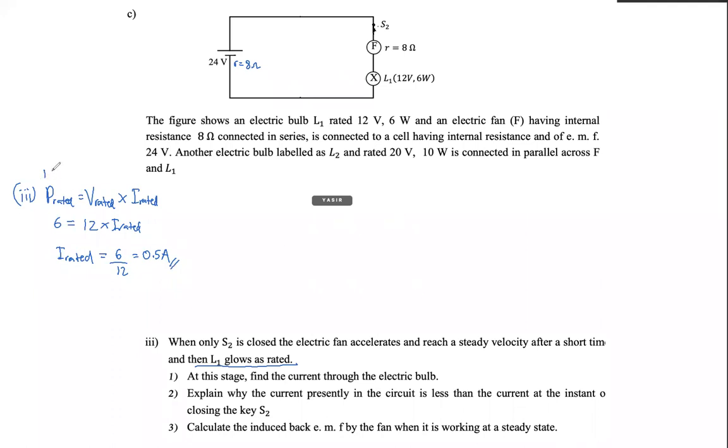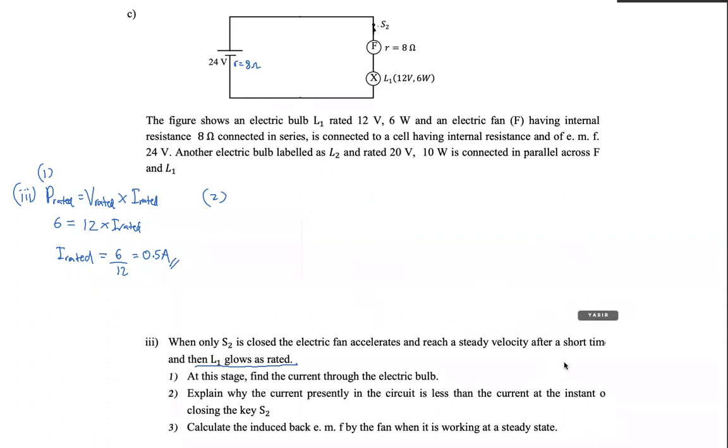Okay, 1. And then second one, explain why the current presently in the circuit is less than the current at the instant of closing the key 2. The reason for that is this. Can you remember we were talking about something called a back EMF? So that back EMF is the reason.